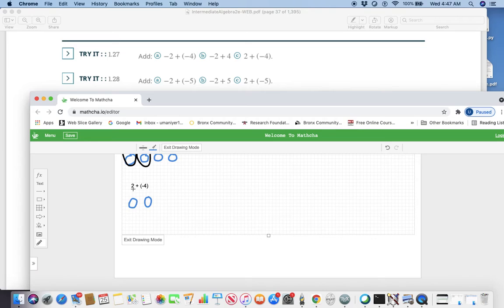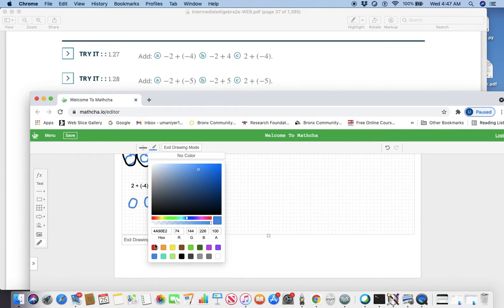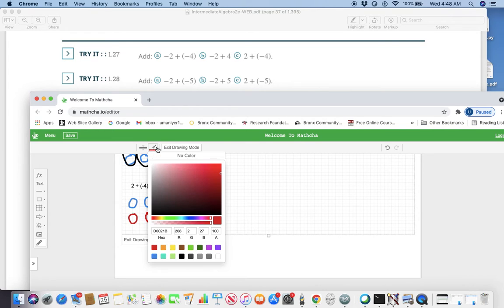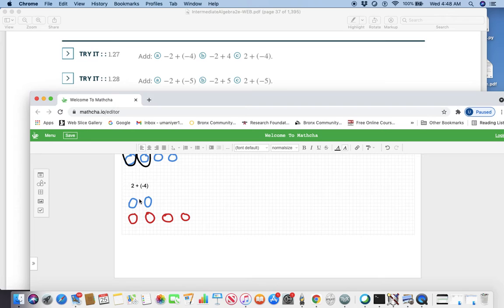That is 2. For -4, you are going to use red counters. How many red counters? 4 red counters. 1, 2, 3, 4.